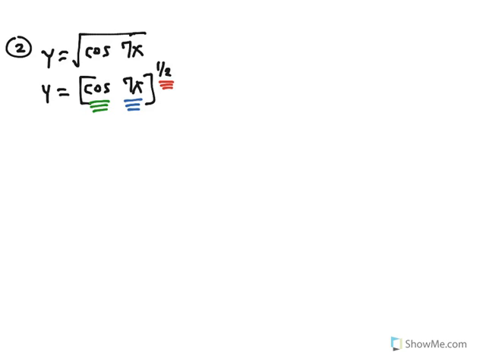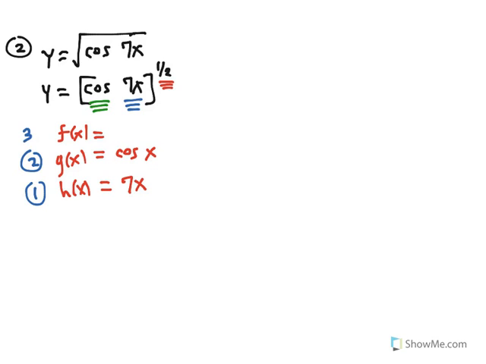So your individual functions are f, g, and h. Your inside function is h of x, which is 7x. Your middle function, or your second function, is the cosine function.